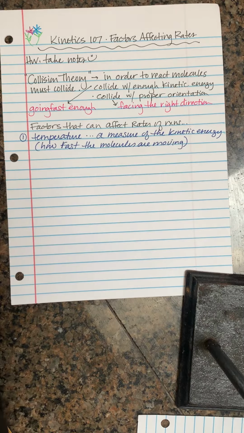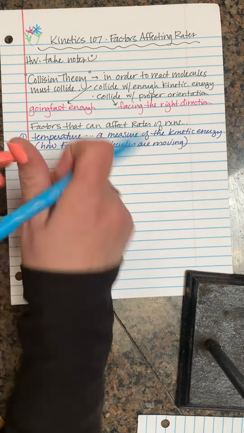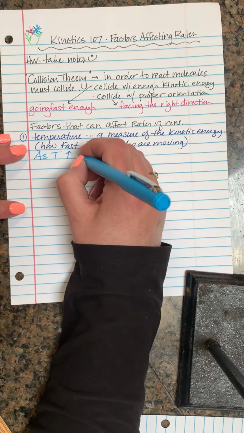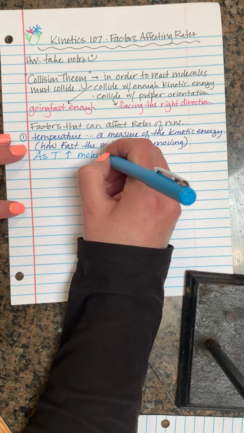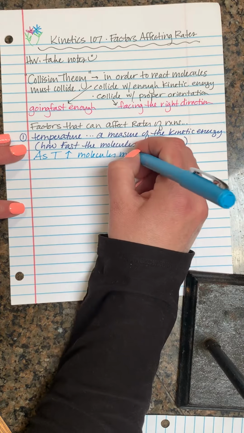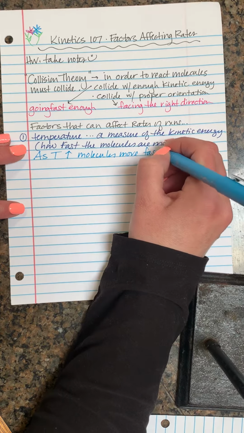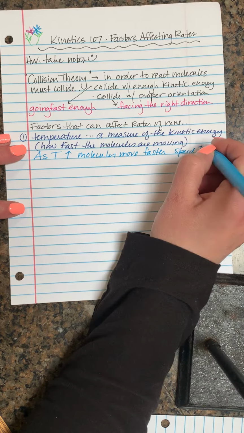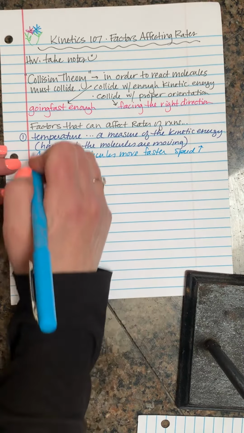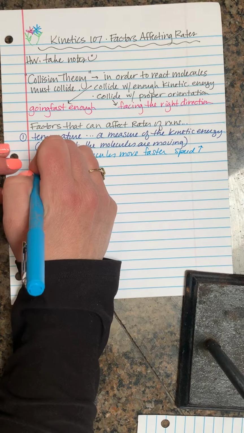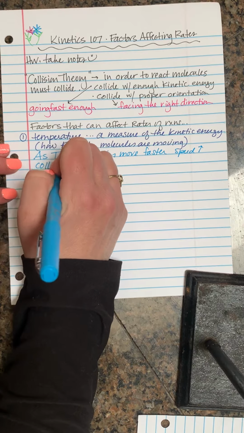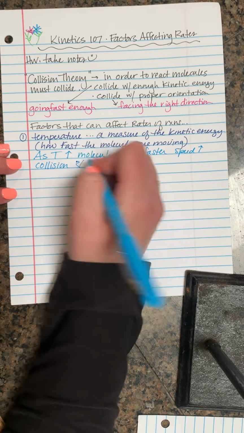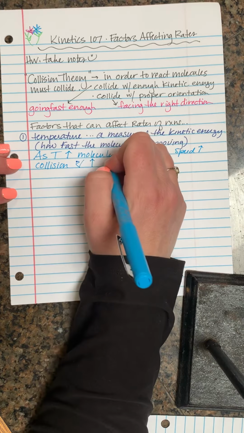So we want to remember that as temperature goes up, molecules move faster, so their speed goes up. As you would expect, there are more collisions, so we'll say collision frequency goes up.